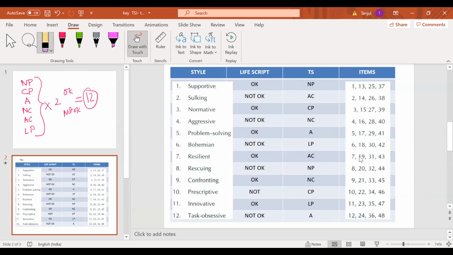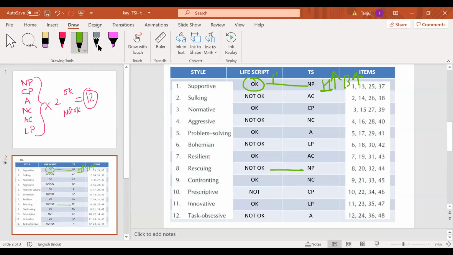I repeat, all these 6 would be either okay or not okay. For example, okay nurturing parent and not okay nurturing parent. Now, all okay scores, higher the scores, better it is. In any case, when I say higher, it's very subjective.